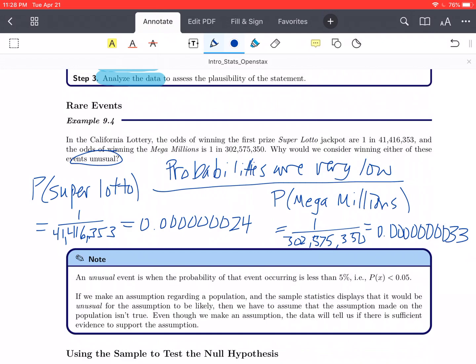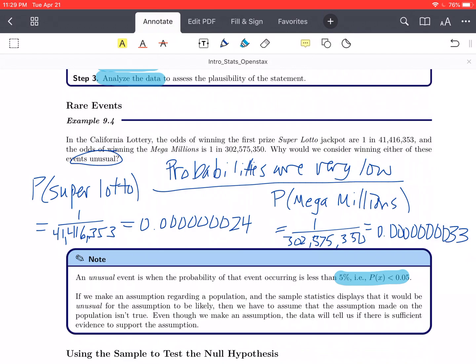Now, this doesn't necessarily mean the probability has to be that low for an event to be considered unusual. In fact, our threshold for an unusual event is usually around 5%. So an unusual event is what we would label it if it had less than a 5% chance of occurring.